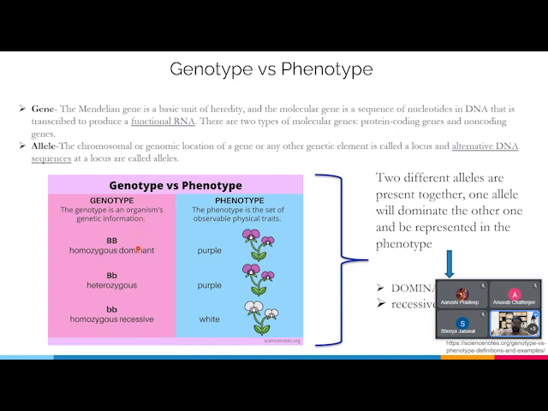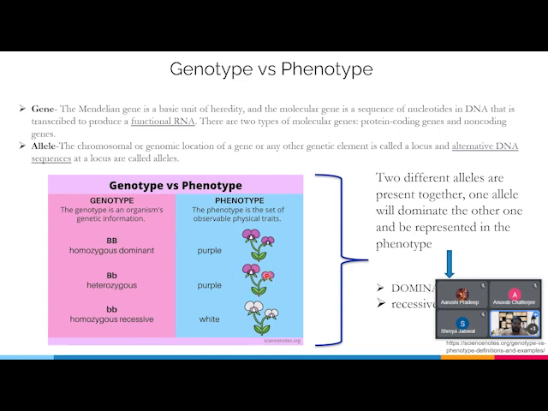Since there is this huge difference between genotype and phenotype, there is also one interesting thing that happens. There can be two different types of genotypes. So if two different alleles are present together, one allele will dominate over the other one and be represented in the phenotype. If two different alleles, capital B and small b, are present together, only one of them will be expressed in the phenotype.